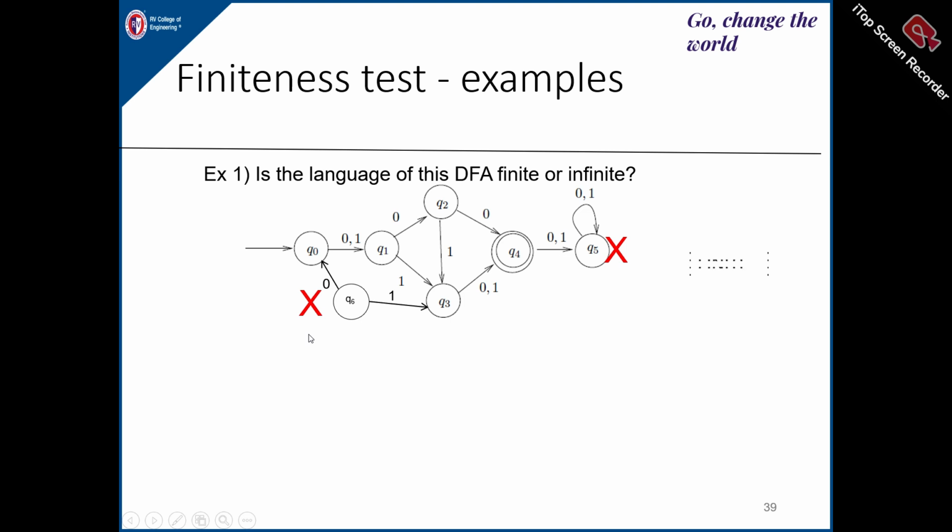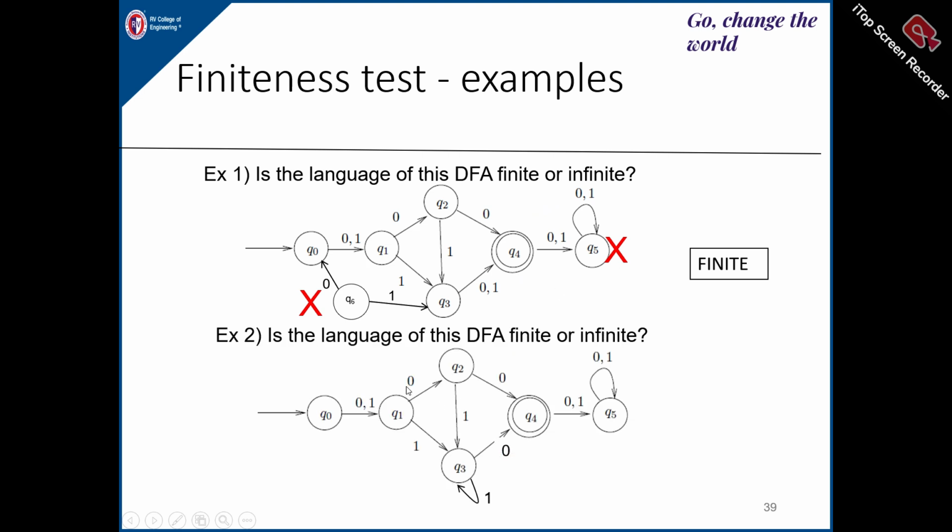Then I check for a cycle here. I don't have a cycle. In this case, after removing these two, we can see that there is only one path to the final state, and from the final state you don't have any backward edges or self loop. So it means the DFA is finite.